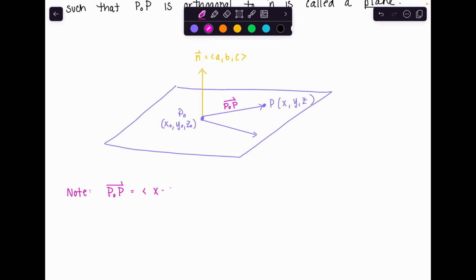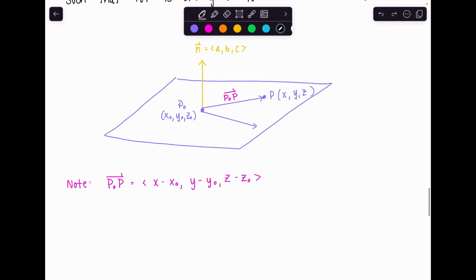So it's x minus x naught, y minus y naught, z minus z naught, just the difference in the x, y, and z coordinates. Because I know this vector is orthogonal with n, we know that the dot product between those two vectors has to equal 0. Because if the dot product is 0, we know those two vectors are perpendicular or orthogonal.